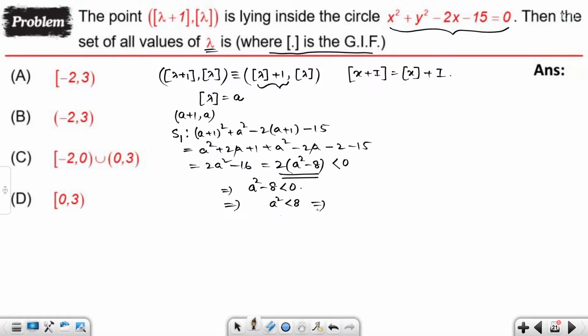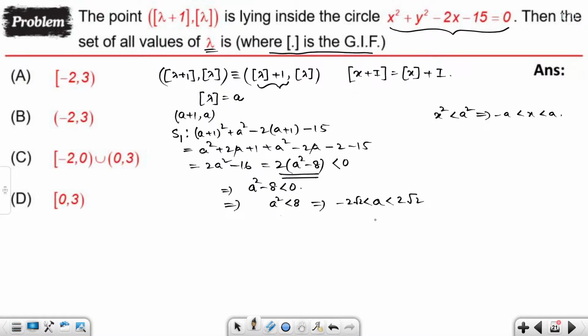So from here we can write that a is lying between minus 2 root 2 and 2 root 2. Can you remember this? If we have written x square is less than a square, that implies what? Your x is lying between minus a and a. Okay? So that's exactly what I have done here.